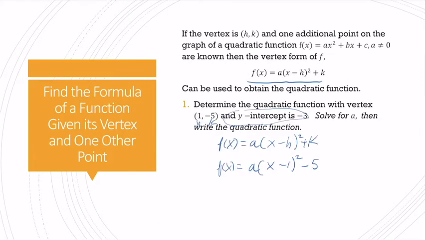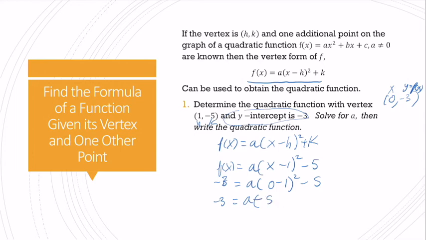So that's when x is 0, y is negative 3. Y being f of x, and x just being x, I can plug those in. So I have negative 3 equals a times 0 minus 1 squared minus 5. Negative 3 equals a times negative 1 squared is 1, so a minus 5.